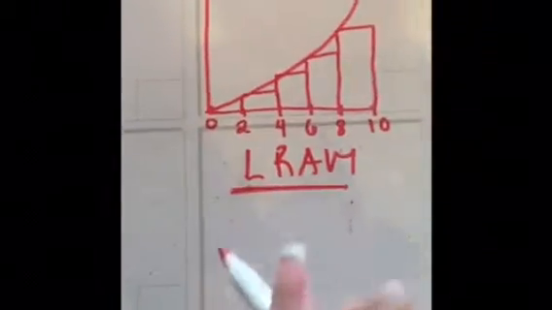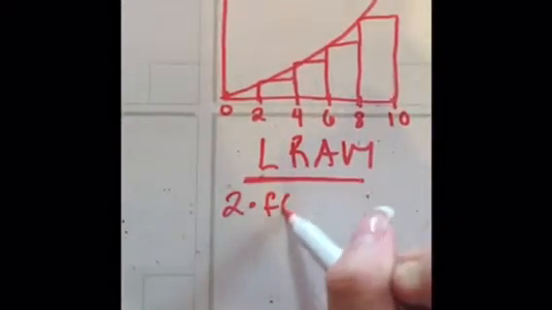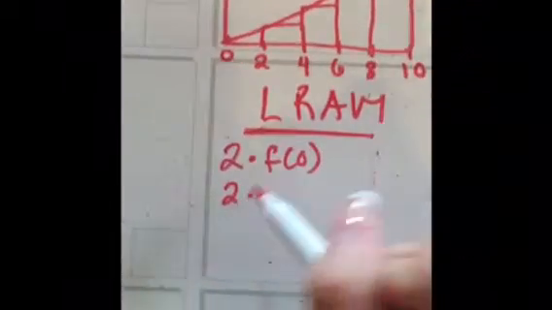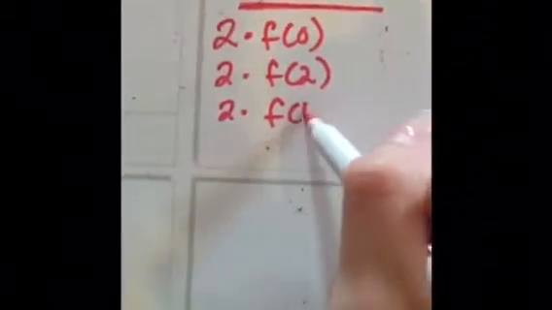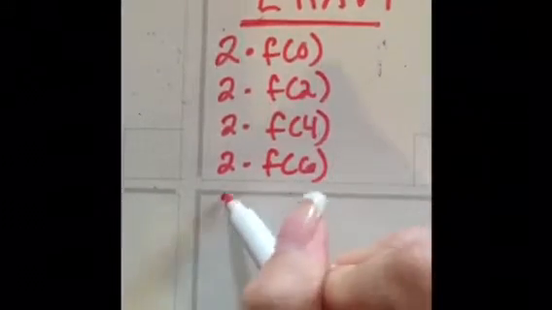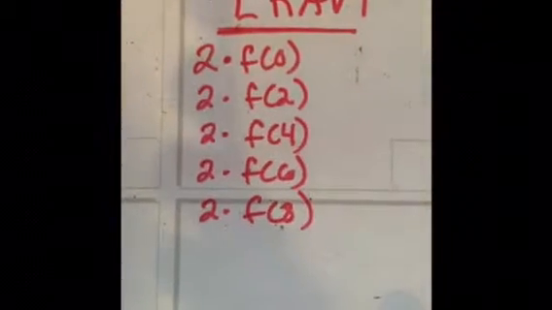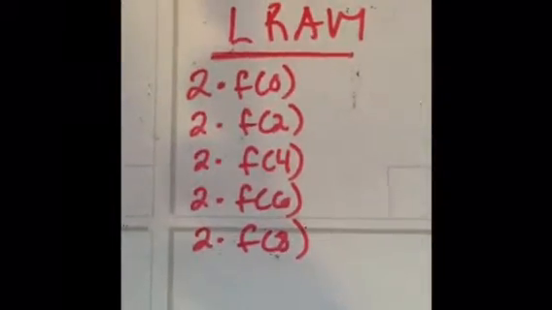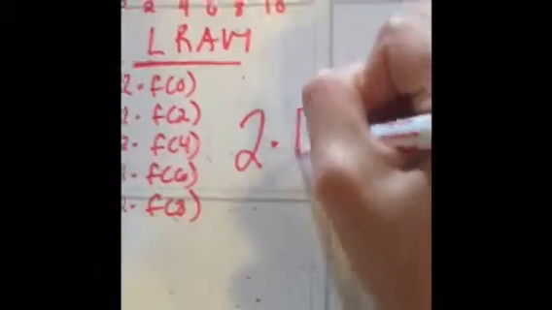Now we can take our subinterval of 2 and multiply by each of the left heights. We get the left heights by plugging the values into the function f of x is equal to x cubed.